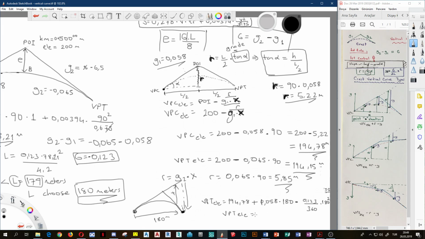If you calculate with the calculator, you can see this value easily. The choice is yours. If you want to find this point's elevation according to VPC, you can find it this way. If you want this point's elevation according to POI, you can find it that way. The choice is yours. Goodbye.